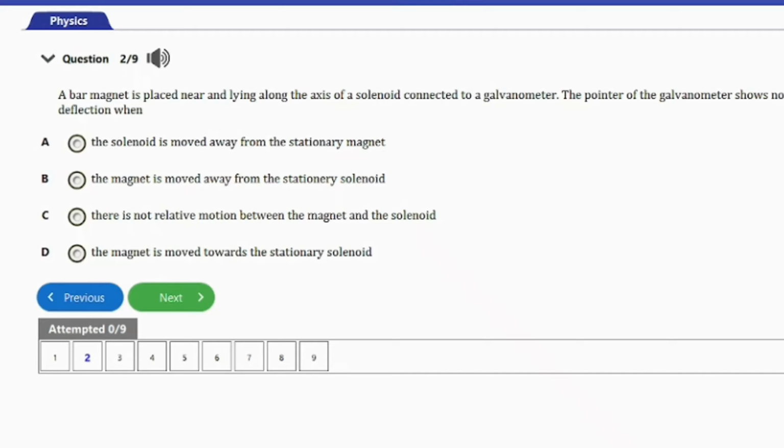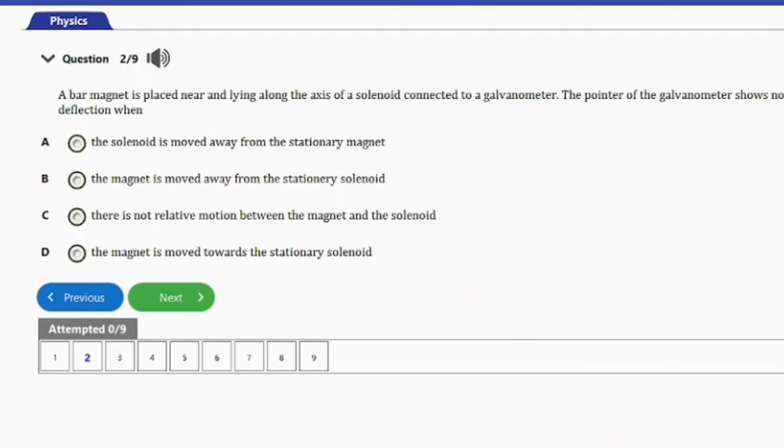C. there is no relative motion between the magnet and the solenoid. And D. the magnet is moved towards the stationary solenoid. So guys, the pointer of the galvanometer will show no deflection when there is no relative motion between the magnet and the solenoid, and that's option C here.